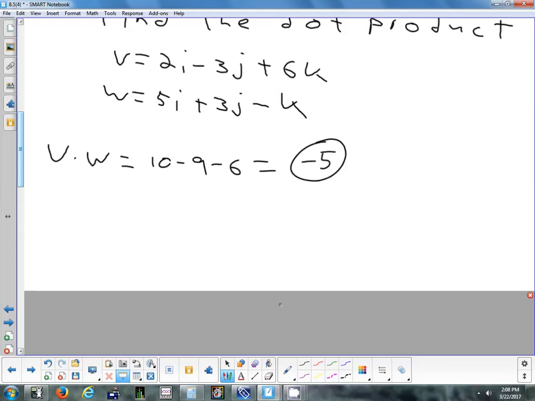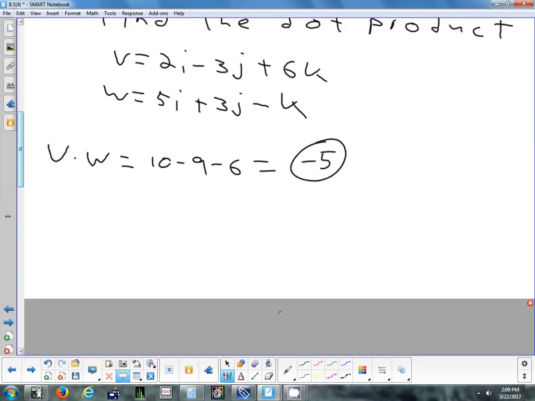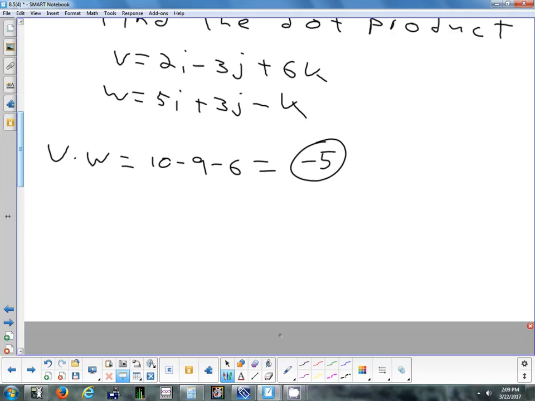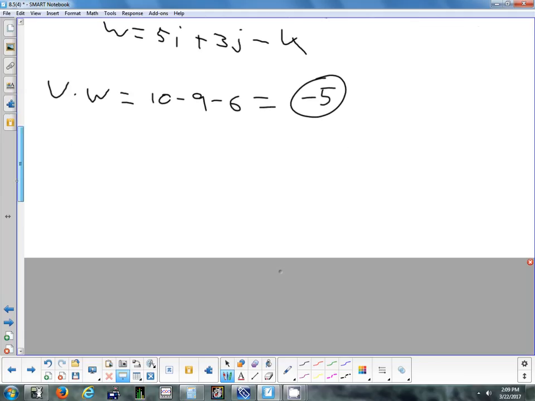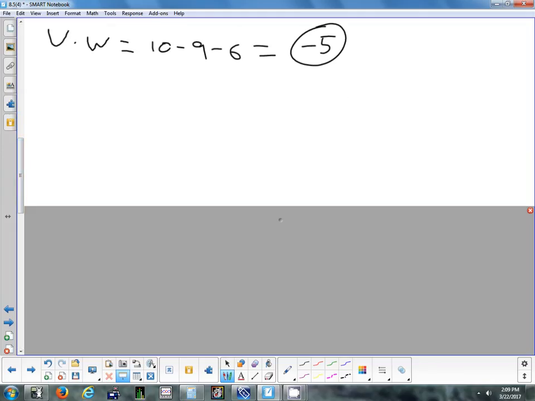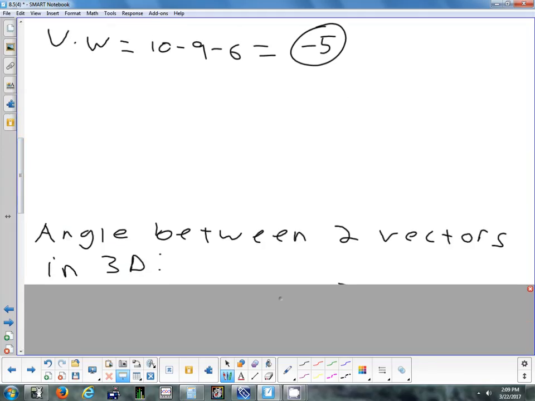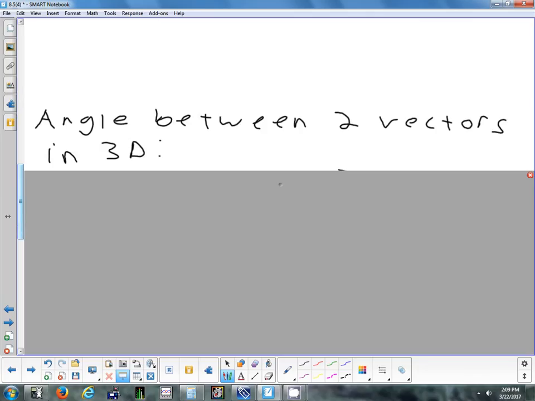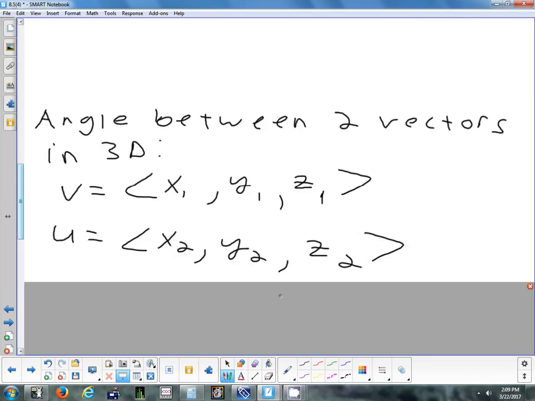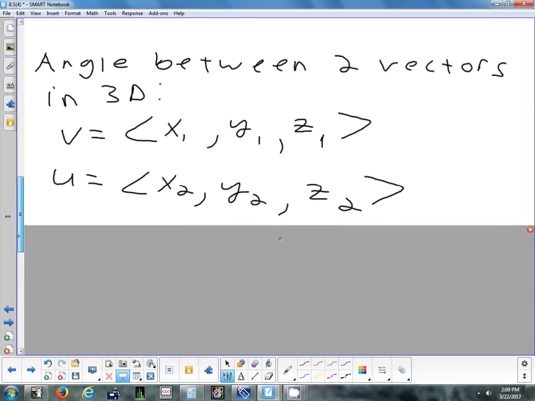So what did we use the dot product for in 2D? To find the angle. So what do you think we're going to do next? Find the angle. So to find the angle between two vectors in 3D, what was the formula in 2D?